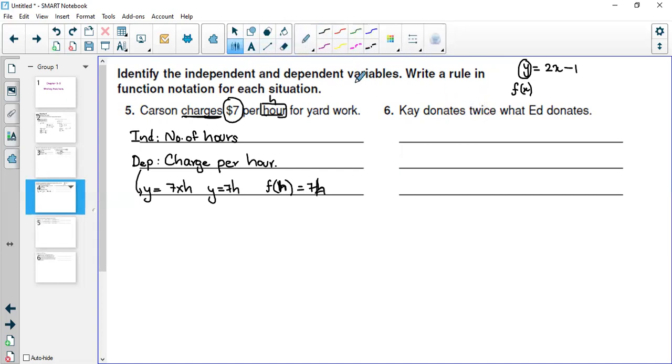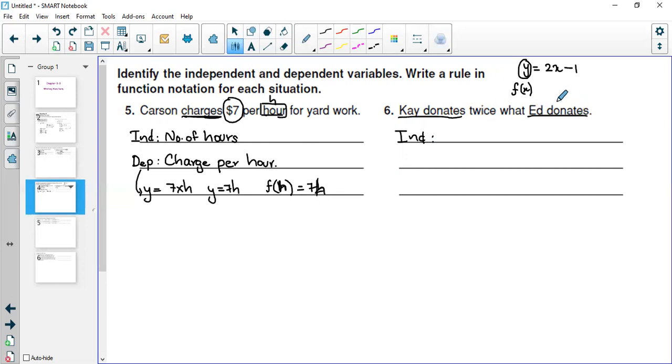Okay, what Ed donates? So here we need to find the independent and the dependent variable. There are two things. One variable is how much K is donating. Another variable is how much Ed is donating. So which is the independent variable and which is the dependent variable here? Independent means he can donate as much as he wants, but dependent means it depends on how much he donates. So whose donation depends on what? K donates twice what Ed donates.